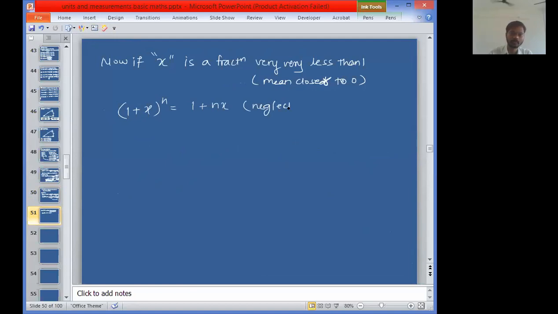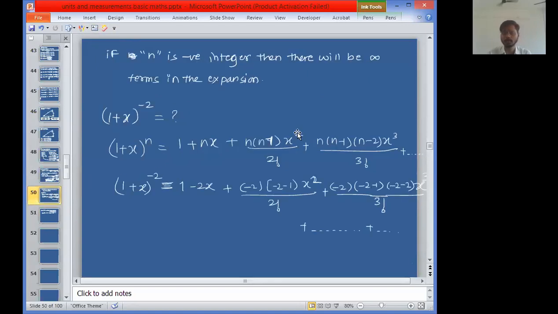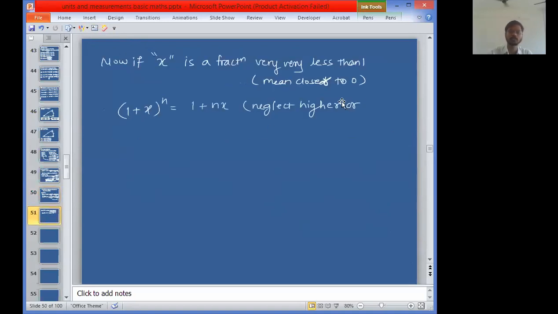Order means square, cube, raised to 4. Neglect the second order term, the x square term, the third order term, the fourth order term, the higher order terms. Only x raised to 1 will be kept: 1 plus nx. Okay sir, neglect higher order terms.